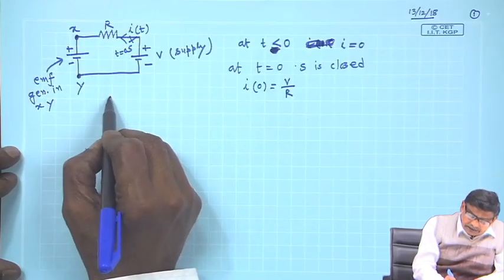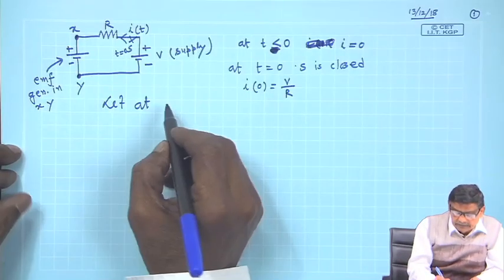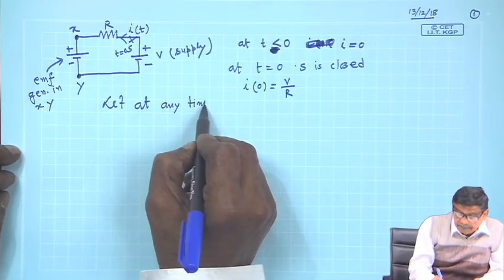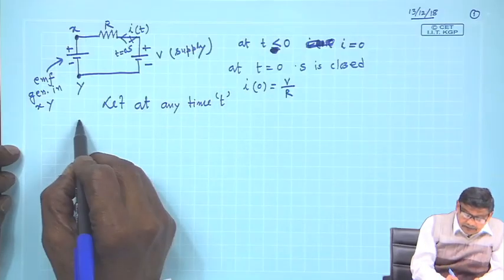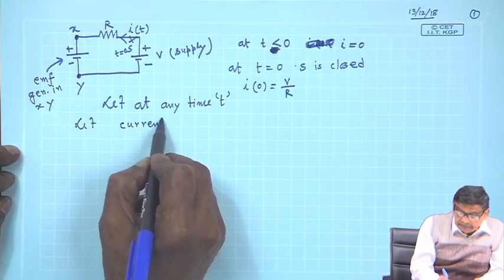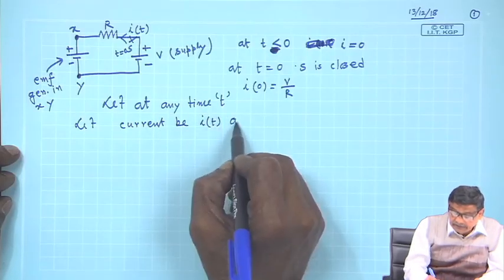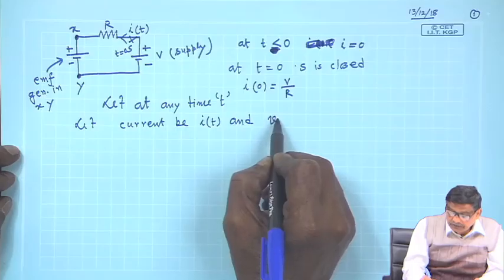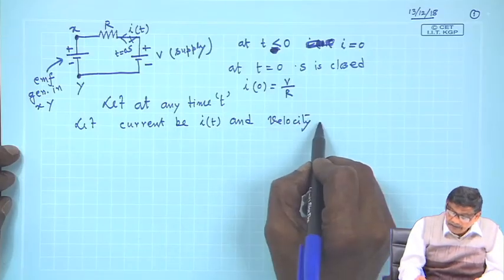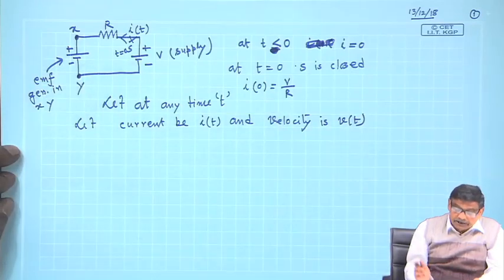So, let at any time t, the current be i(t) and the velocity of the conductor be v(t), with the polarity as shown.